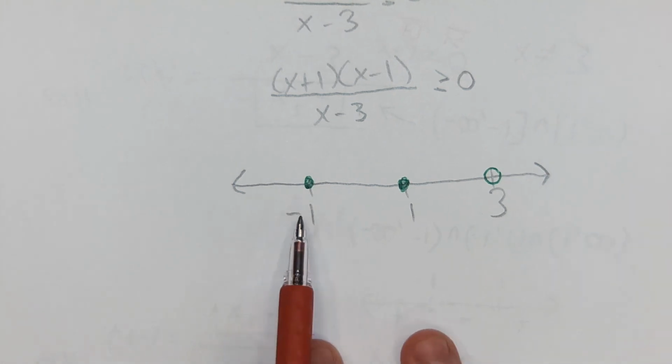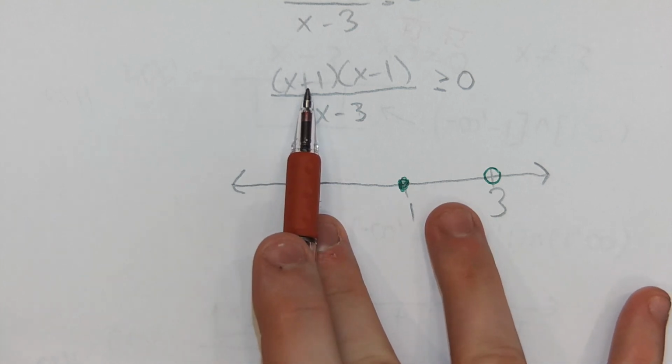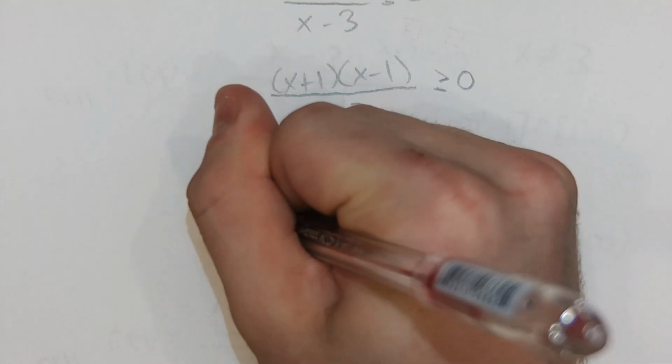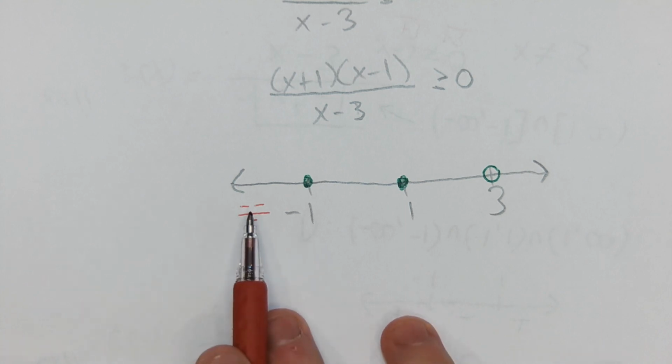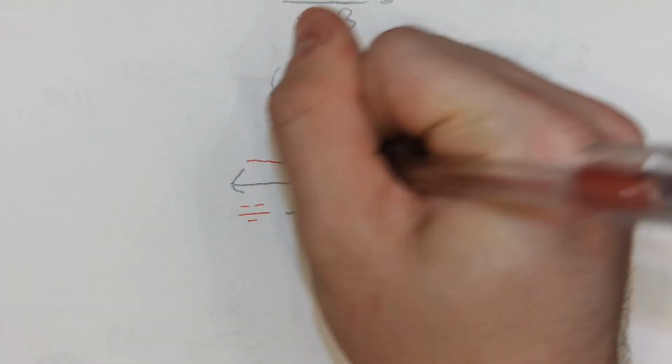Let's grab a number to the left of -1, like -2. The numerator of that fraction would have been positive. The denominator would have been negative. That would give me a negative overall result.